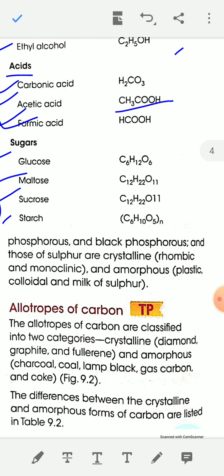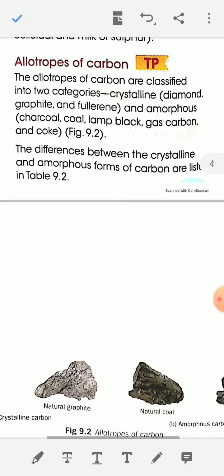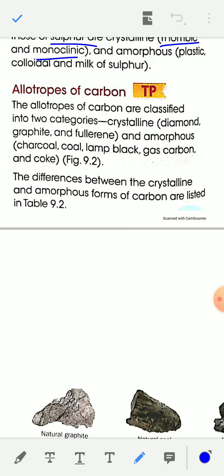Allotropic forms of sulfur are rhombic sulfur and monoclinic sulfur, and amorphous forms, that is plastic, colloidal, and milk of sulfur. In this chapter, you have to study the allotropic forms of carbon.